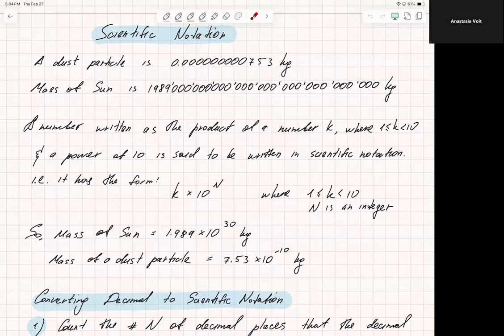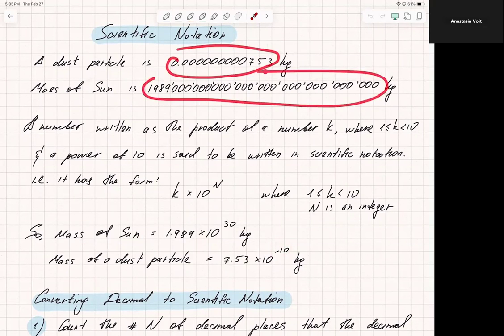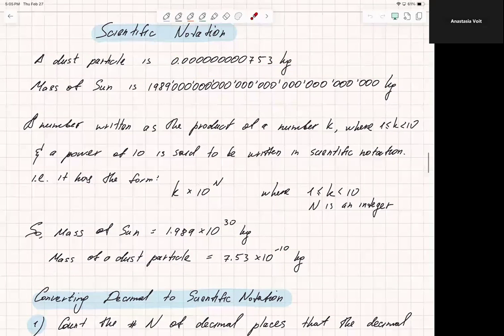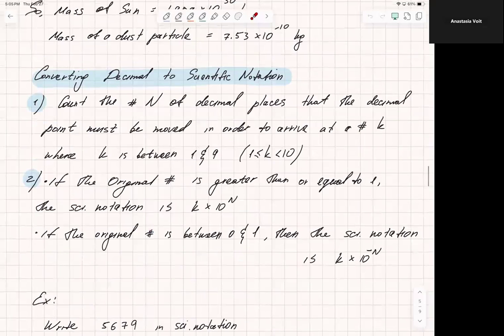So now how do we convert these numbers into scientific notation? What we need to do is count the number of decimal places that the decimal point must be moved in order to arrive at a number k, where k is, again, as we said, between 1 and 9. So we write it as 1 less than or equal to k, less than 10.